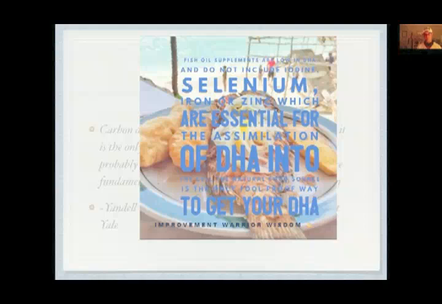And as I was saying before, fish oil is heavily oxidized via light, so bad light, blue light, and also sunlight, and temperature.